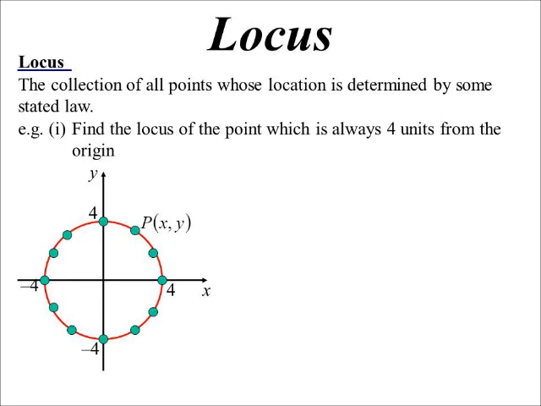I know the distance from that point to the origin is 4. So the square root of (x minus 0) squared plus (y minus 0) squared gives x squared plus y squared equals 16, which is the equation. So the first idea is to think intuitively about the problem, and if you're not quite sure, we can always fall back to formulas.